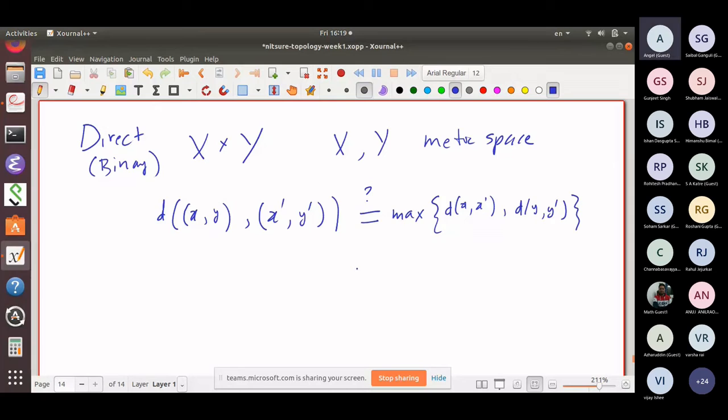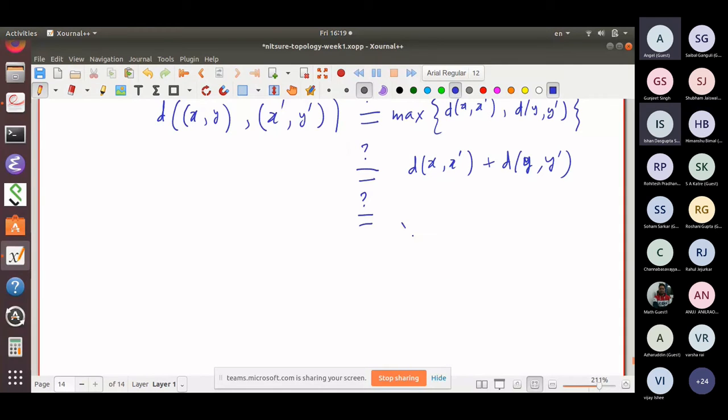Okay. Has somebody seen any other formula? We can add them. Yes, somebody said add: d(x, x prime) plus d(y, y prime). Has anybody seen anything else? Yes, sir. Tell me.